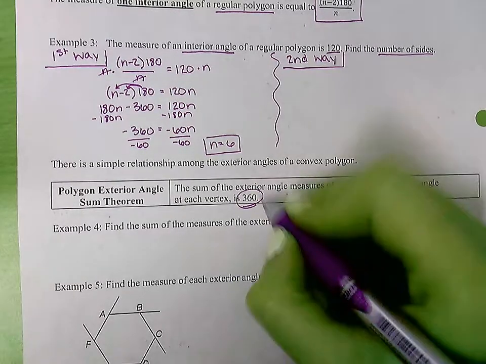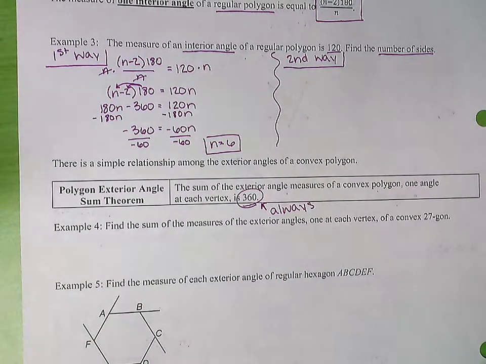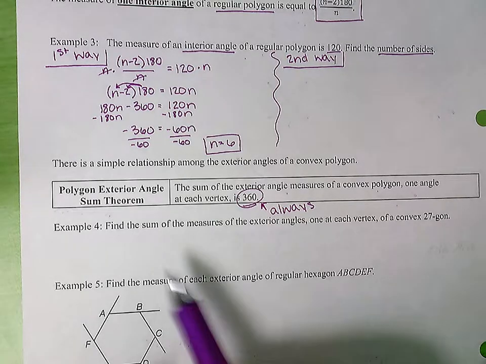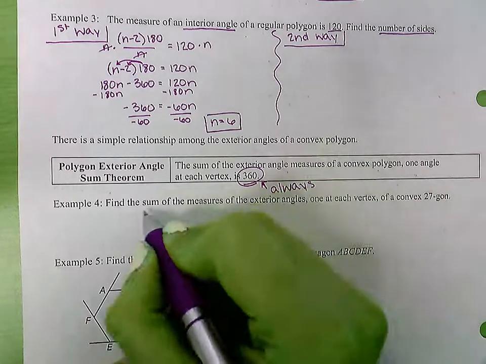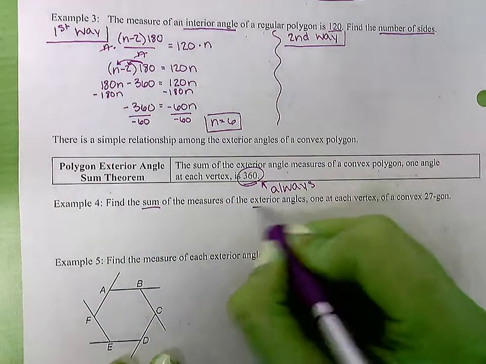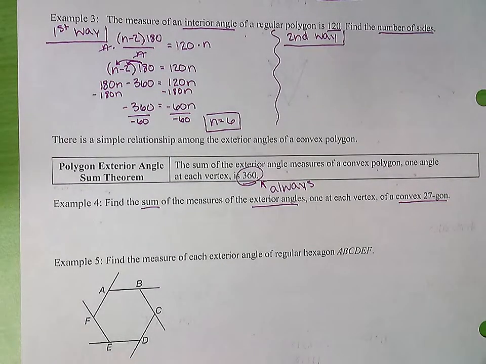Okay? So this is always true. It's always 360. It doesn't change. Your exterior angle sum is 360. No formula, just write 360. Okay? So if I look at example 4, we want to find the sum of the exterior angles of a convex 27-gon.